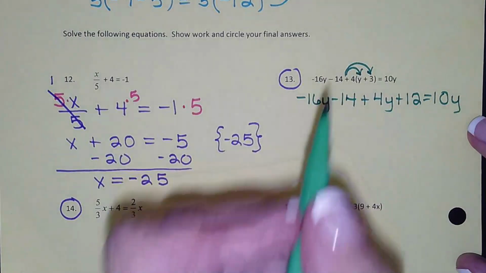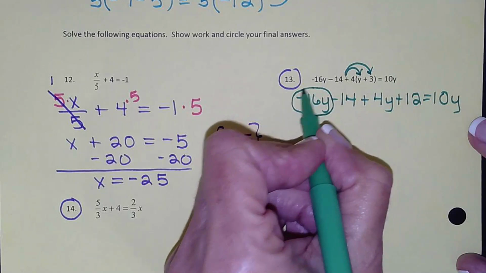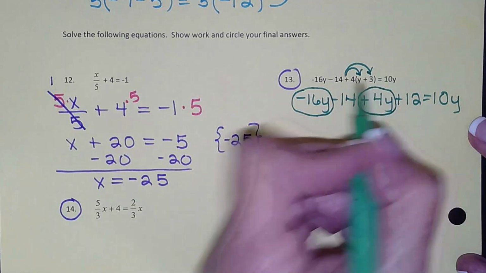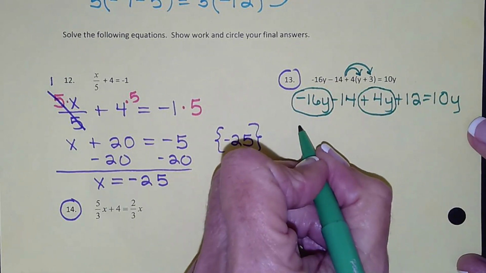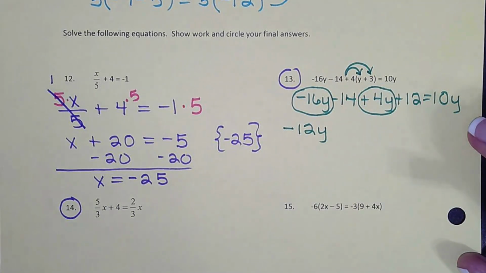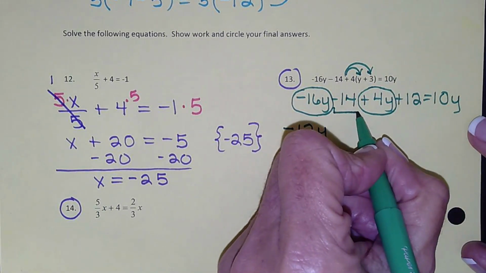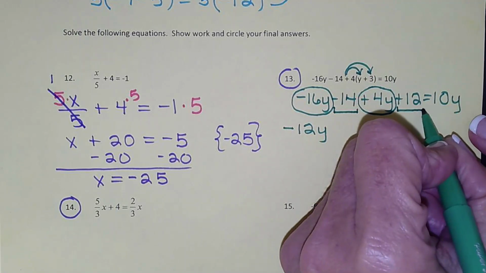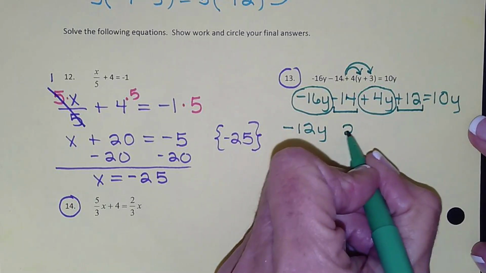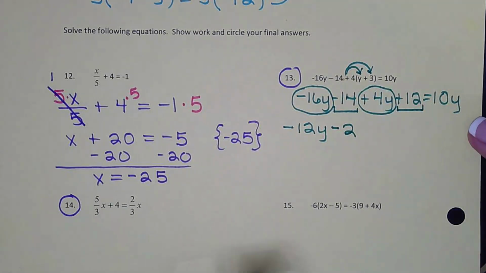And then we have two sets of like terms on the left. So negative 16y and positive 4y would be our first ones. When the signs are different, we subtract and keep the sign of the larger. And same thing with the numbers. We have two numbers, negative, positive. We subtract. 14 minus 12 is 2, and keep the sign of the larger, negative 2.